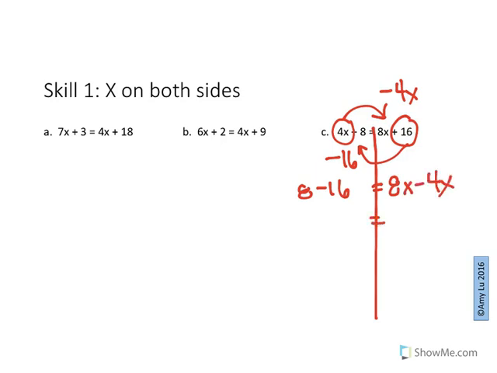In this case, 8x minus 4x makes 4x. And 8 minus 16 will make negative 8. And so, now I have to ask myself, 4 times what makes negative 8? I know that x has to be a 2, but since it's a negative 8, I know it has to be a negative 2. And that's all.